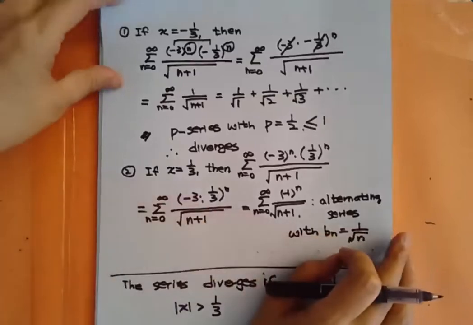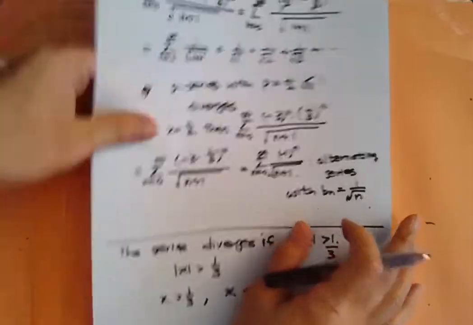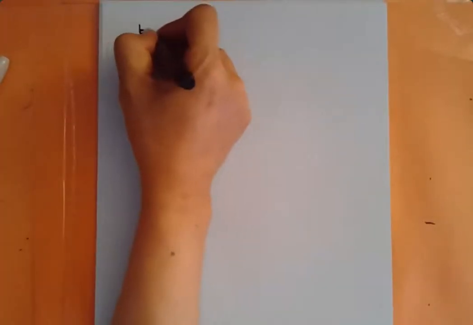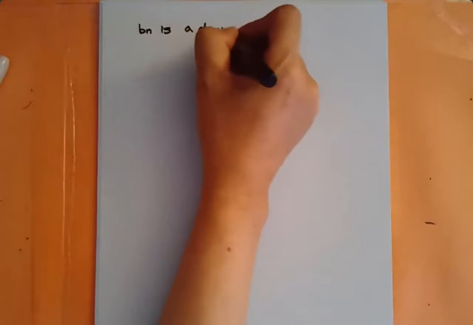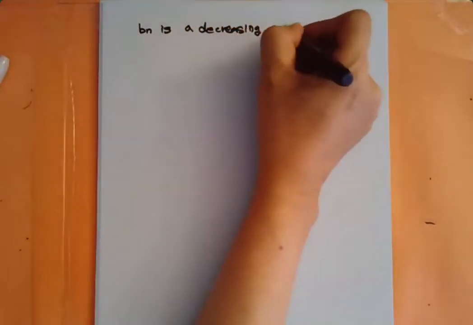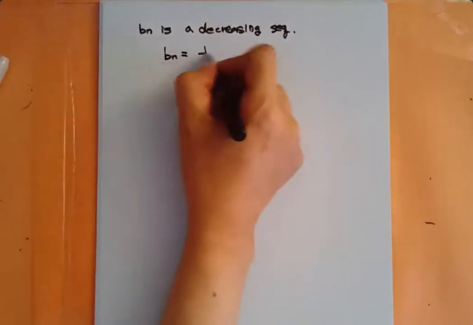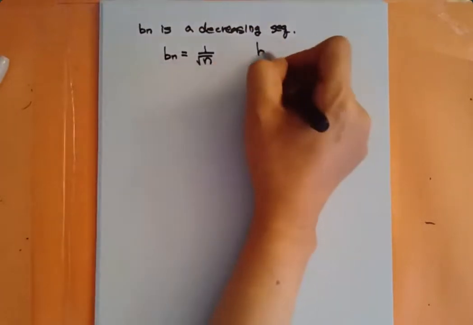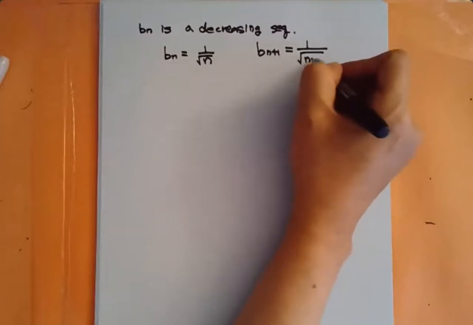So obviously, b n is a decreasing sequence, because b n is 1 over square root of n, and b n plus 1 equals 1 over square root of n plus 1.